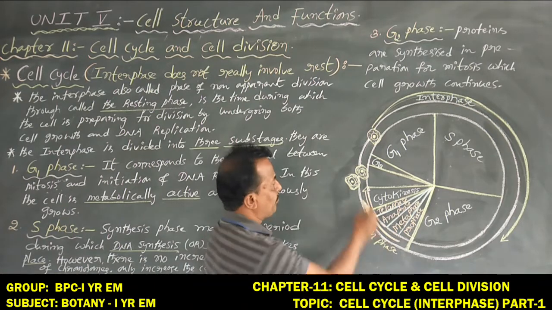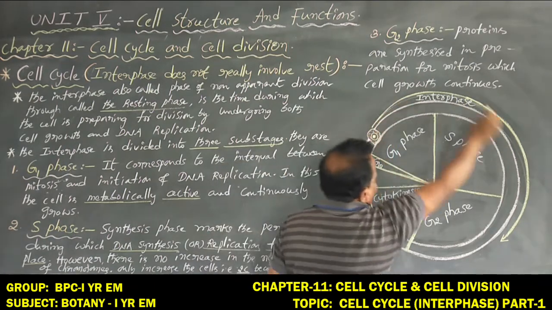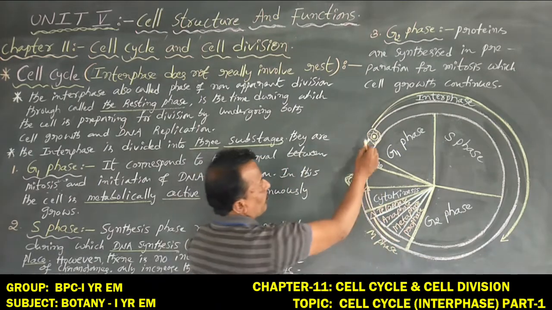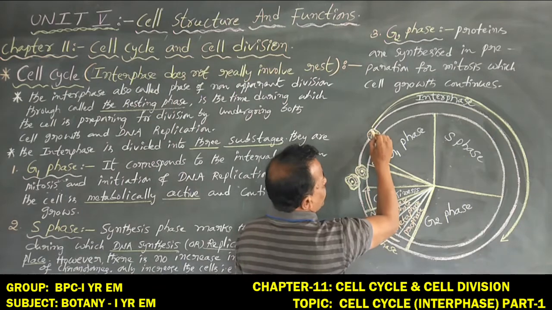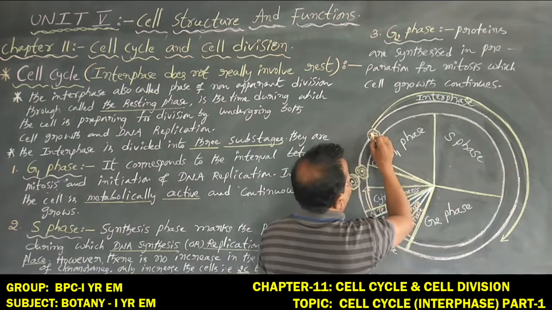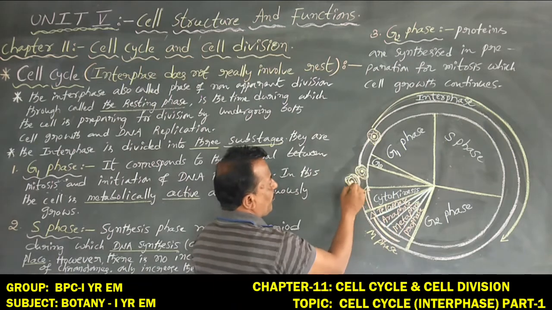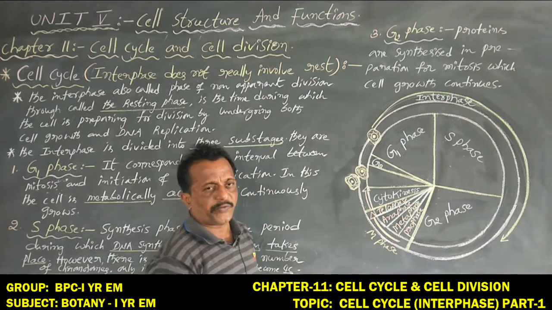One parent cell is divided into two daughter cells. This parent cell undergoes interphase and M phase to form two daughter cells.